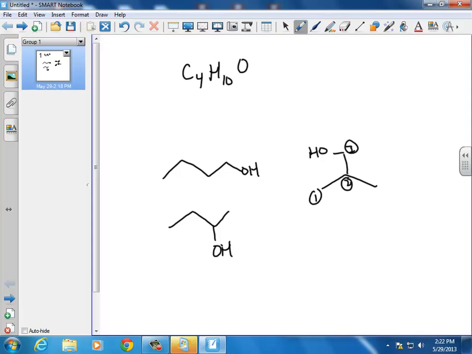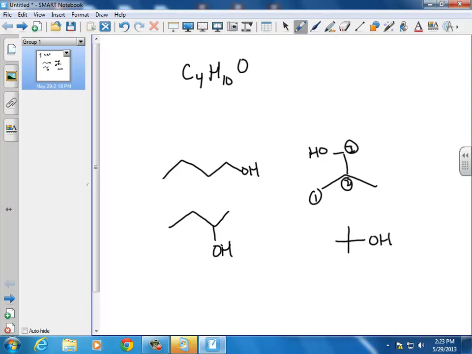For nomenclature, actually, the hydroxyl group would get priority, so I have the number 3, that should be number 1. But at least you can see the 3-carbon chain there with those numbers put in. Okay. The other structure could look like this, where you have everything coming off of one central carbon. Okay. Those are your only possible alcohol structures.